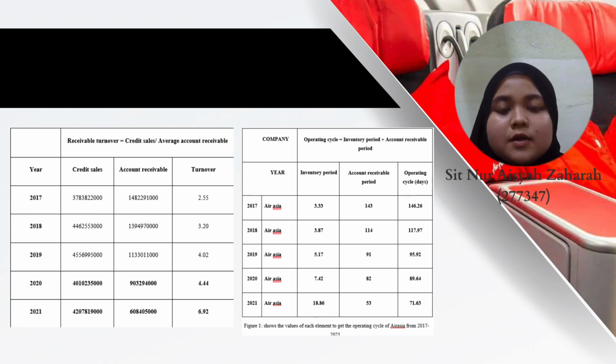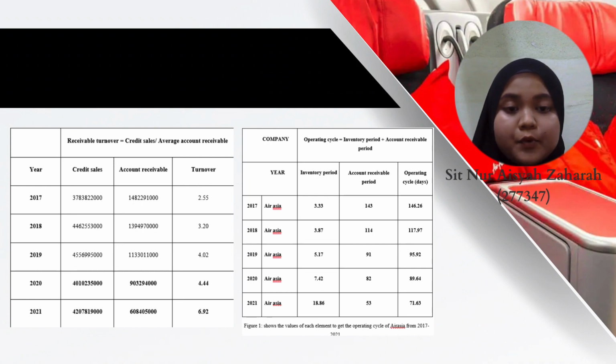So the operating cycle in 2017 for Asia they got 114.6, and 2018 117.97. 2019 they got 65.62, and 2020 Asia got 89.64, and the last one Asia got 71.63 for operating cycle in 2021.